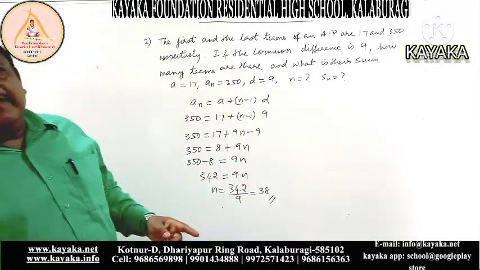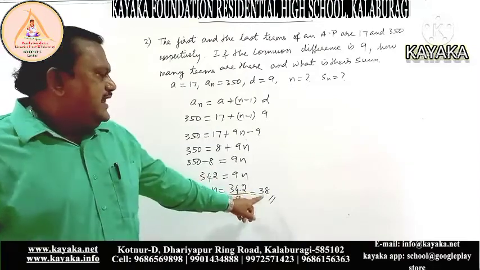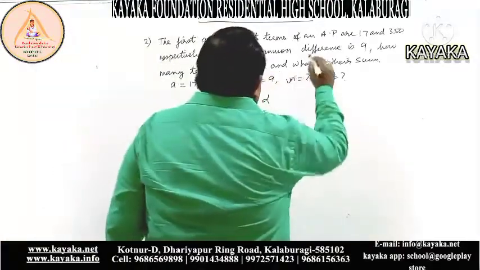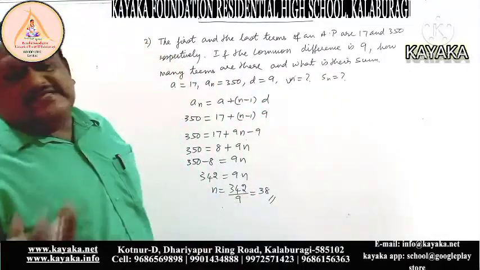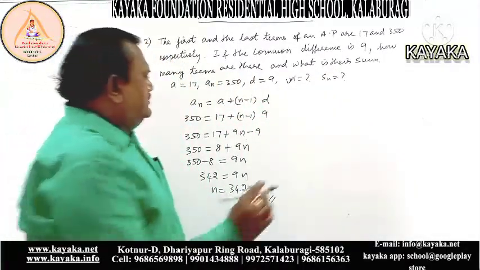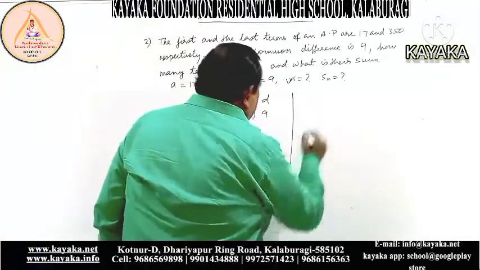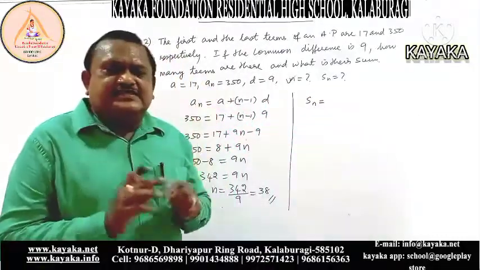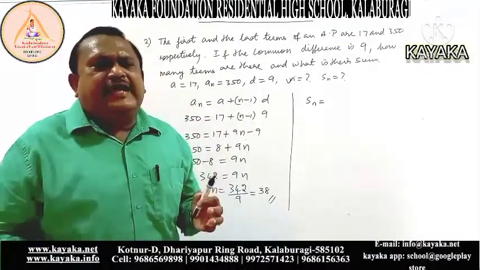Now what is the value for n we got? The n value is 38 we got. Now the next step is you have to find Sn. For using Sn, you have to think which formula we can use.